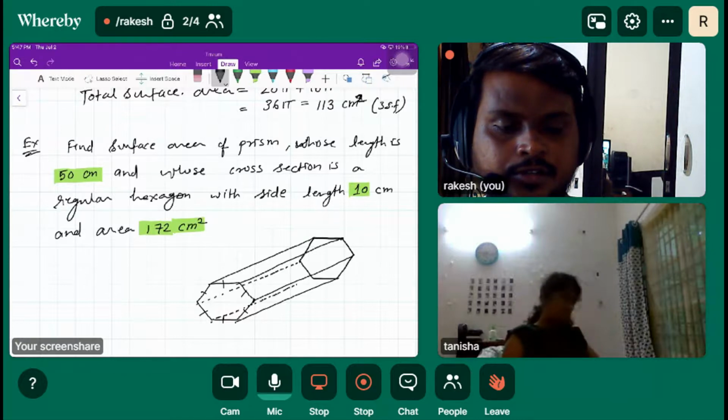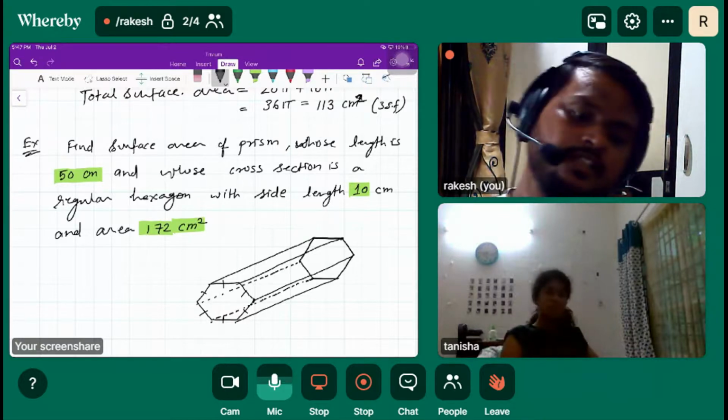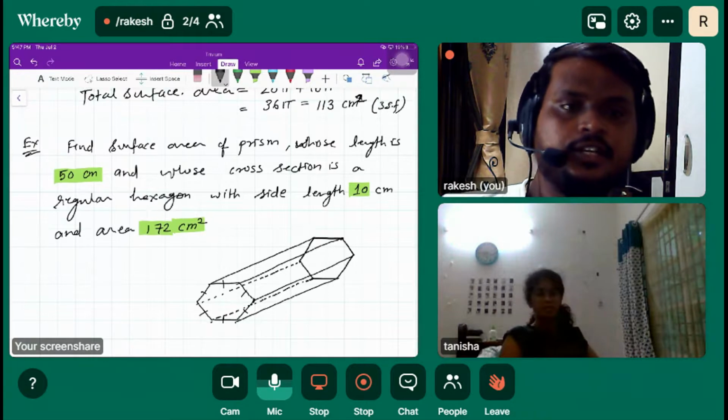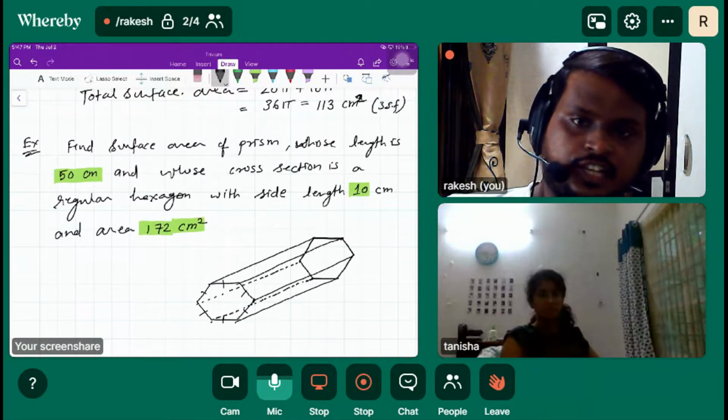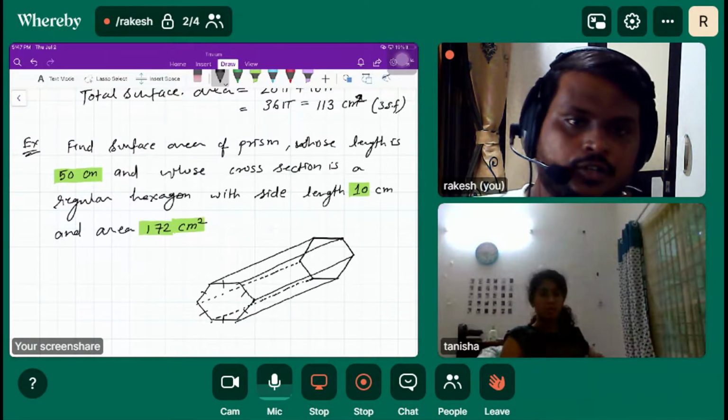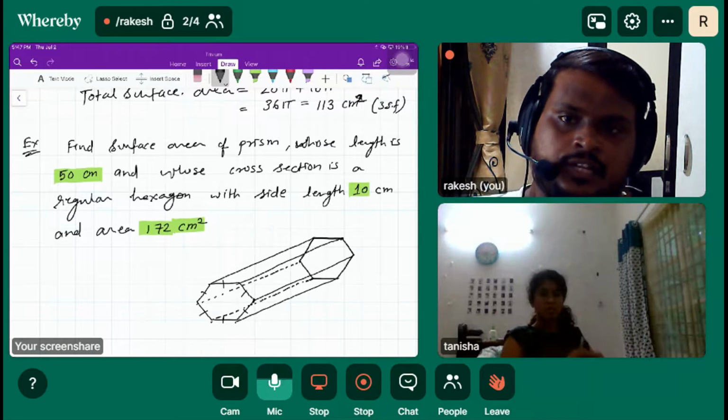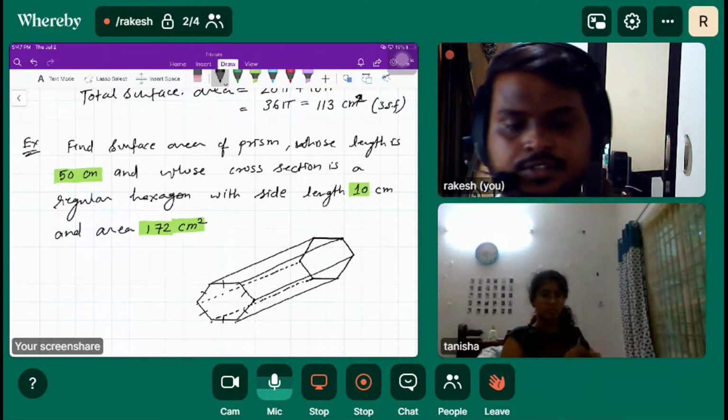This looks like a 3D prism whose cross section is a regular hexagon, and whose length is 50 centimeter.